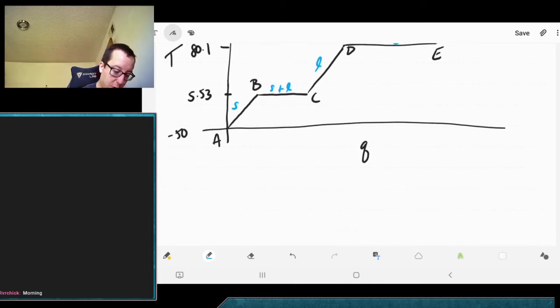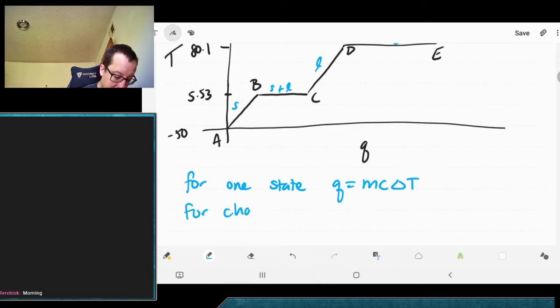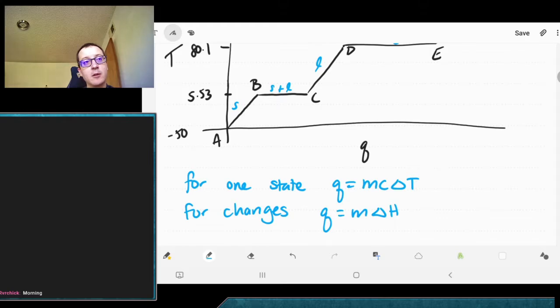If you're at one state of matter only, you use the MCΔT formula. For changes, that would be boiling or freezing, we would use delta H instead, right?